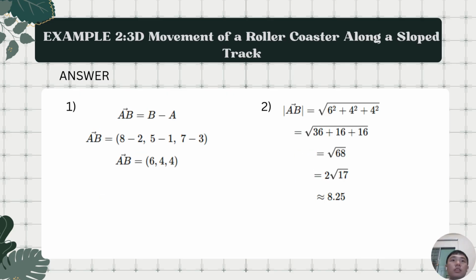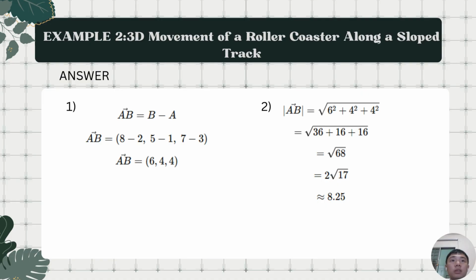Then, let us solve the second scenario. To find the position vector from A to B, we subtract the coordinates of point A from point B. Point A is (2, 1, 3), and point B is (8, 5, 7).